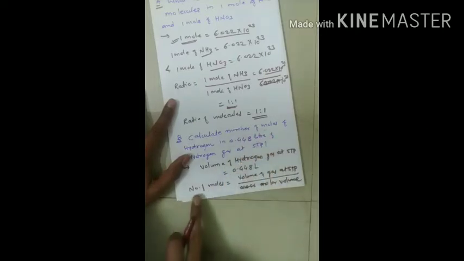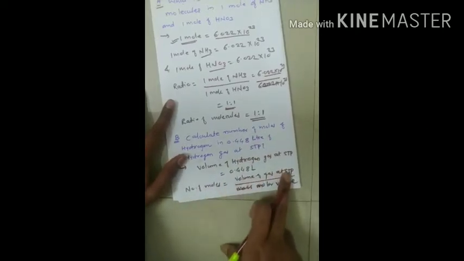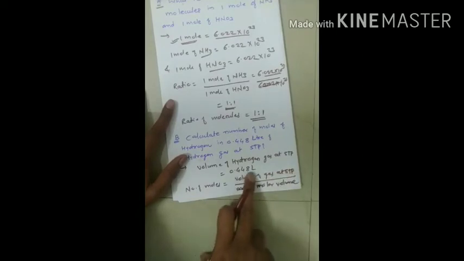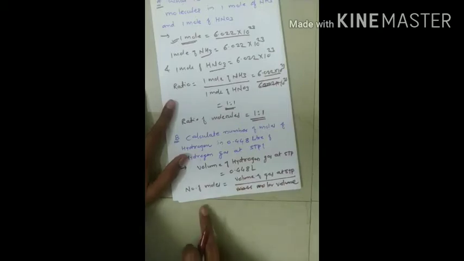Here the volume of gas at STP is already given, 0.448 liter, and the molar volume of gas, as we all know, is a constant value. It is 22.4 decimeter cube. When we convert it into liter, it becomes 22.4 liter.